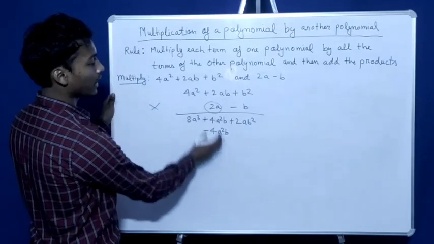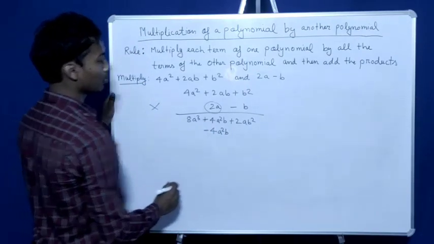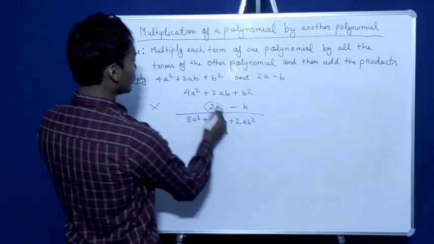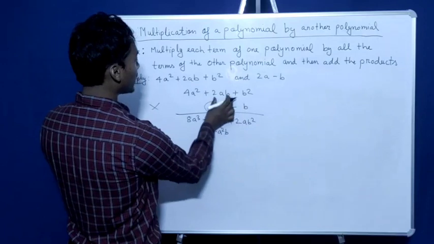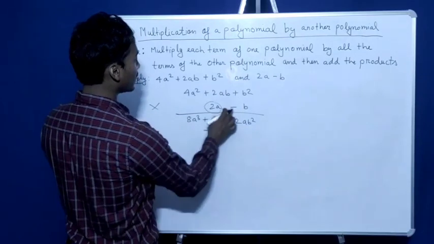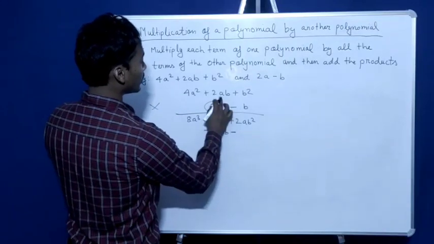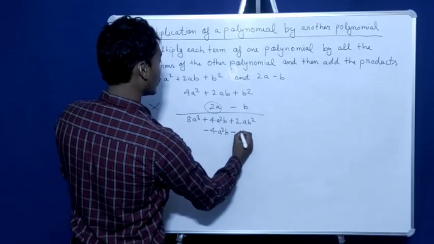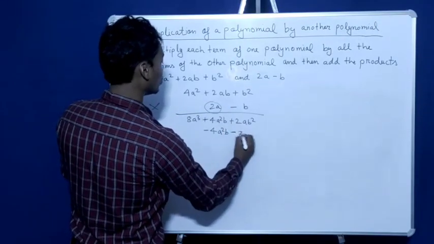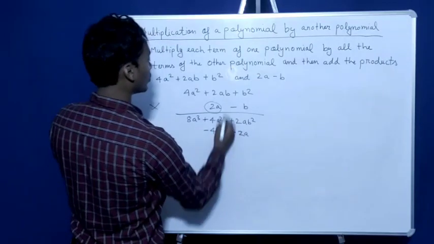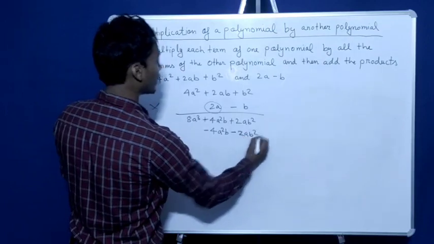So remember to write the like terms one below the other, so the addition and subtraction can be done. Then negative b times 2ab, negative and positive will give you negative. Then a, 2 ones are 2, right? Then a will be there alone, and b times b will give you b square.